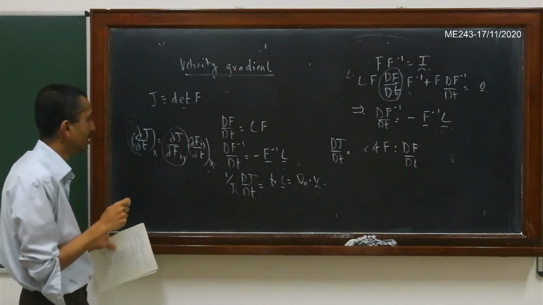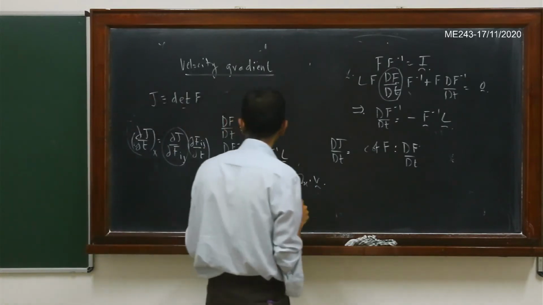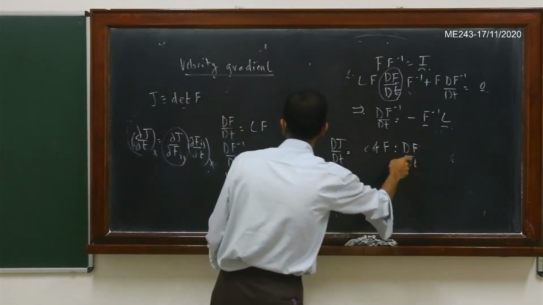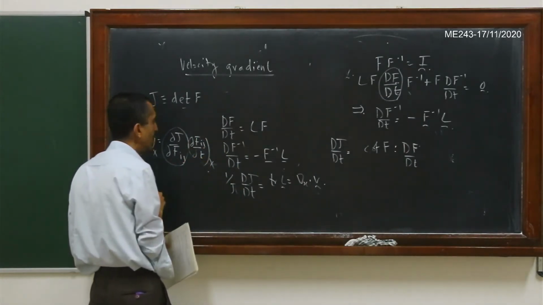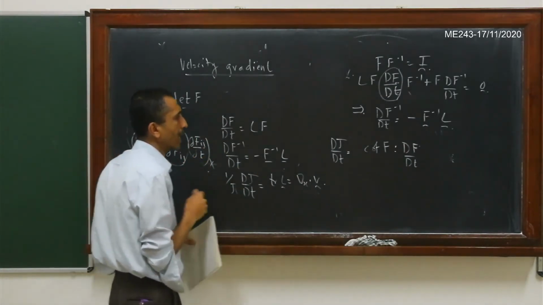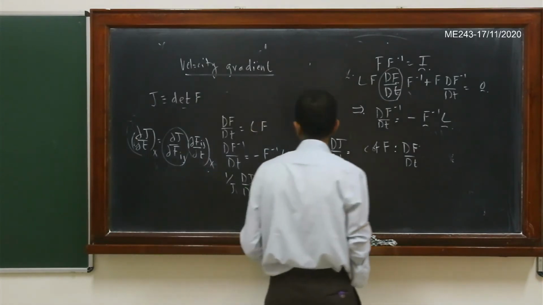So this we have already seen, and then that matrix inner product with df by dt, because this is nothing but the material derivative of the deformation gradient. After this, it's just a matter of again substituting LF.